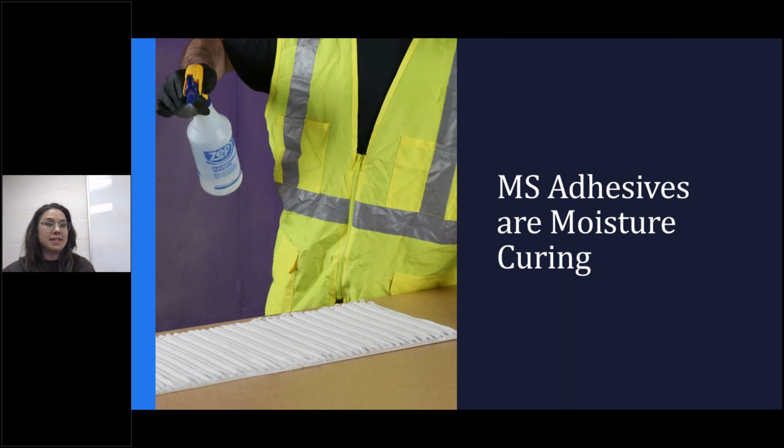So with these MS adhesives, when you add moisture to it, you're basically saying, start reacting now, okay? So one of the things you can do is spritz the surface of the adhesive, or if you're going over an absorptive substrate, you can wipe it down with a lightly dampened sponge and give it a surface saturated dry, right? And that's a great practice with mortars as well. In the summer, a lot of times you guys know that if it's hot, giving your substrate a drink is never a bad idea.